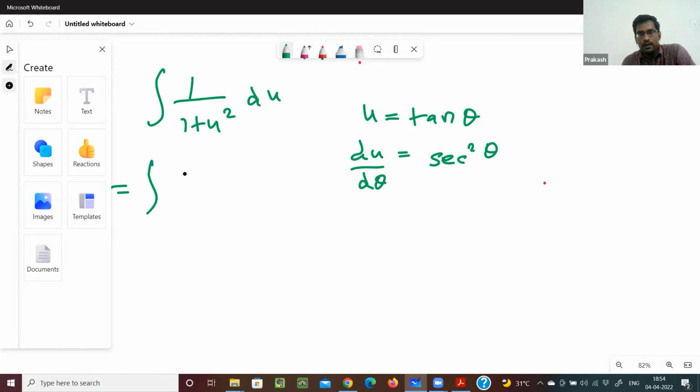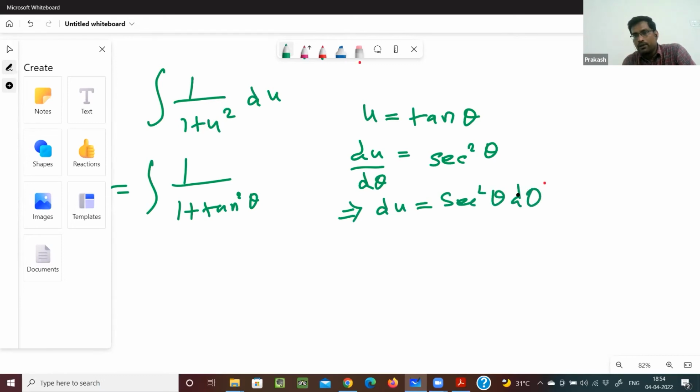So we can rewrite this integral. The 1 plus u square is nothing but 1 plus tan square theta, and 1 plus tan square theta is nothing but secant square theta.